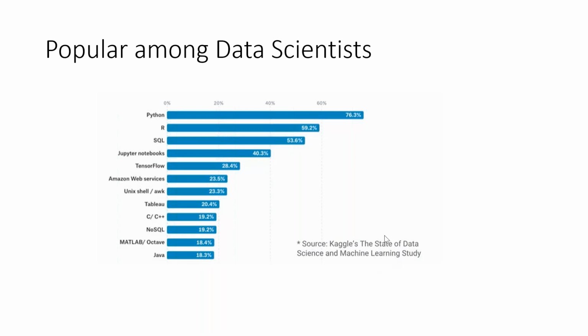Again, this is Kaggle's State of Data Science and Machine Learning study. It tells that Python leads, and it is the most popular technology among data scientists. Then R follows, and you can see. So Python is very important. That is why it's a very important skill for most of you who want to be data scientists.